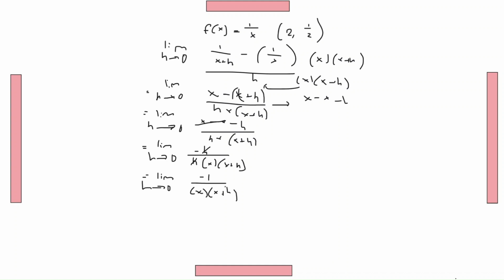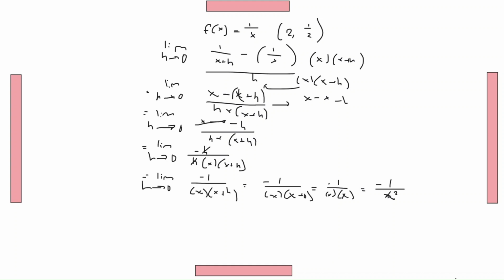Okay? And now, if you notice, there is no problem with there being a number there, because if we were to plug in 0, we wouldn't get an indeterminate form. So let's go plug it in then. So we'll get -1, and the x stays the same, so it's going to be x multiplied by x, plus the 0, so plus 0, that gives you -1 over x multiplied by x, which remember, x by x is just x squared, so we can simplify that a little bit further.